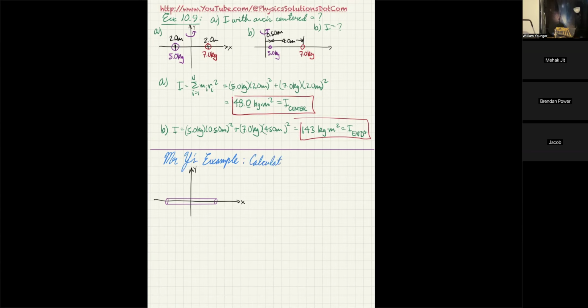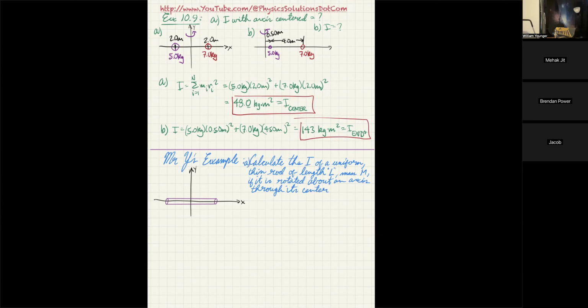Calculate the moment of inertia, which I'm calling I, of a uniform thin rod of length capital L, mass M, if it is rotated about an axis through its center.